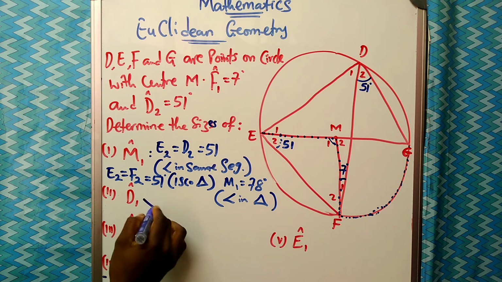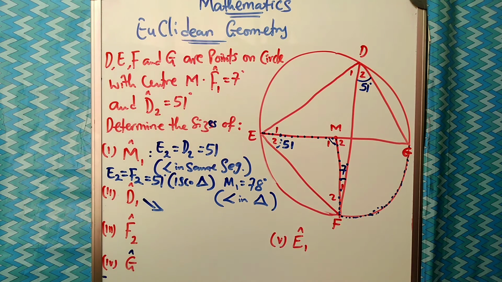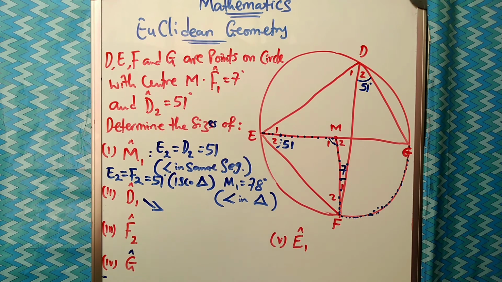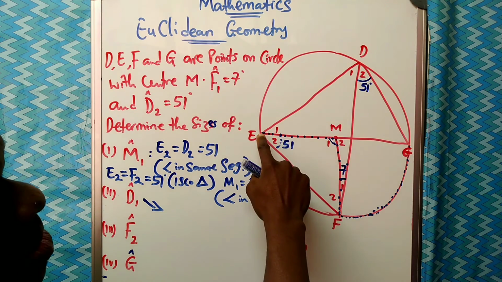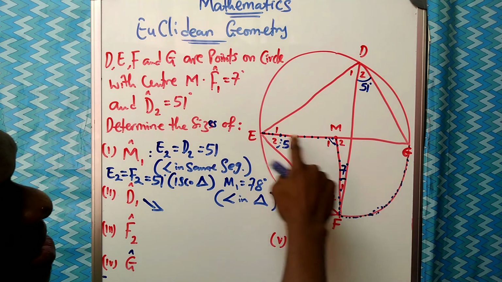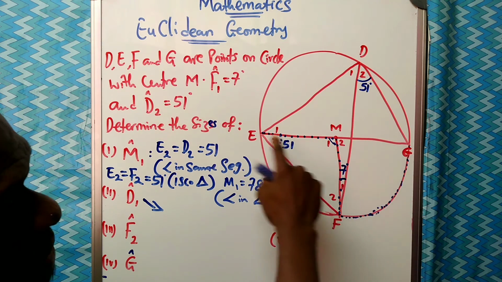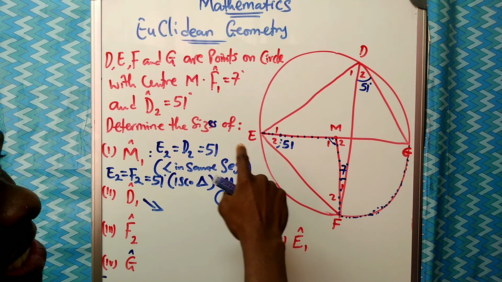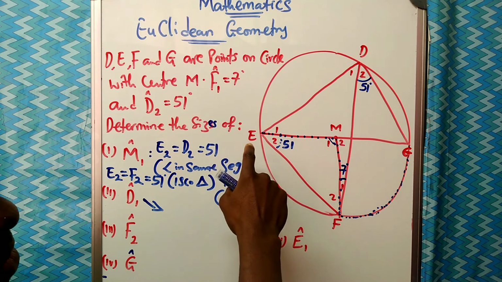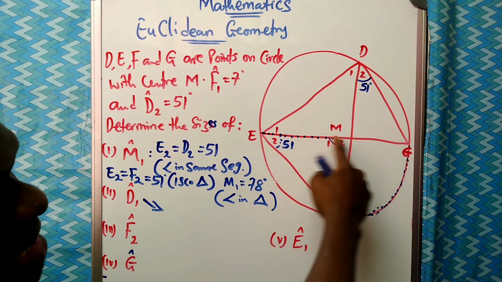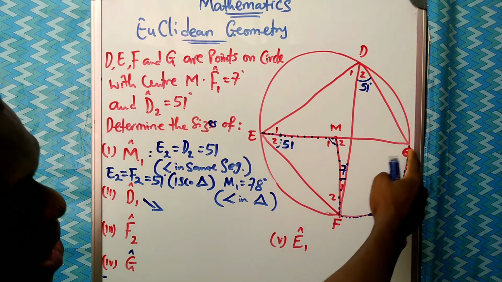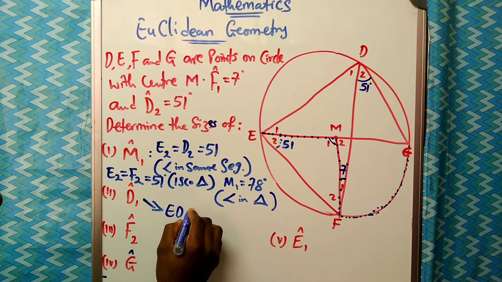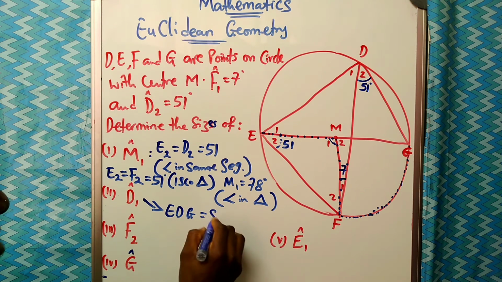Okay, so let's go to D1. Now, if we look at the diagram, this is the diameter of the circle because it passes through the center. And one of the theorems tells us that the angle in a semicircle is a right angle. So more or less, EDG is a semicircle.